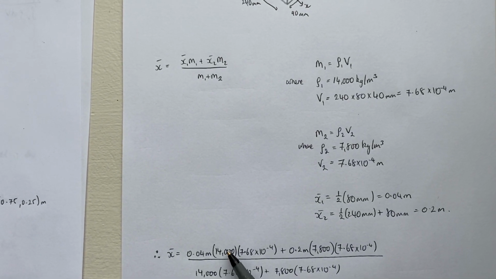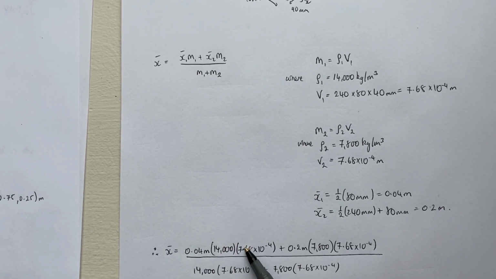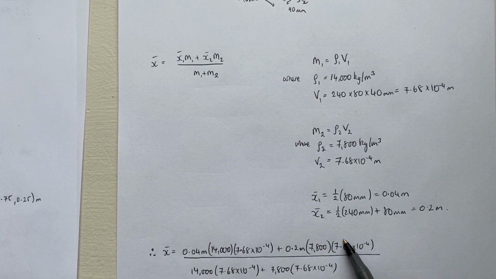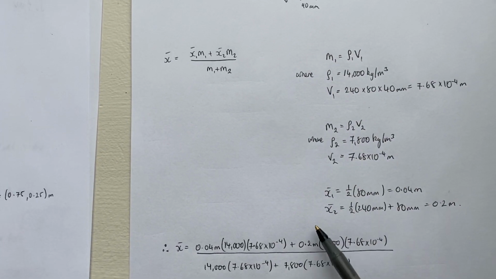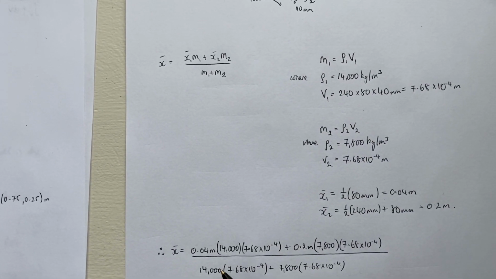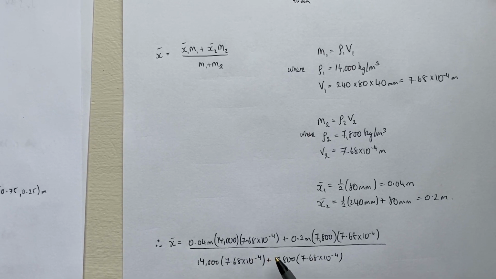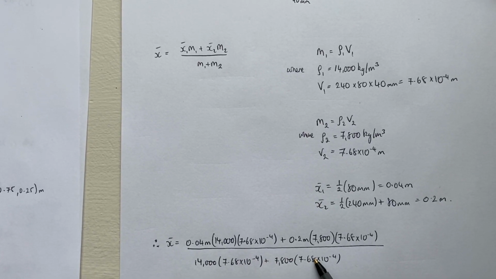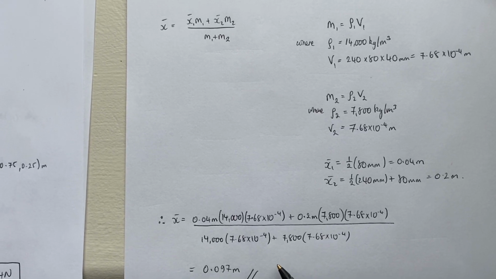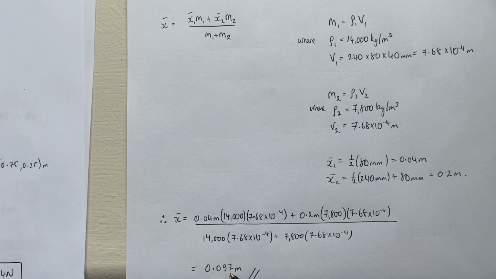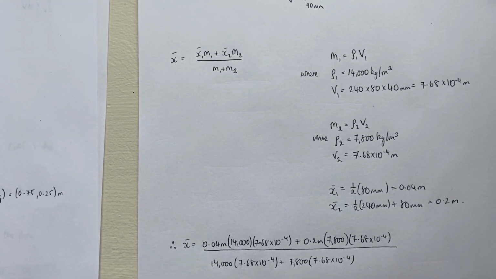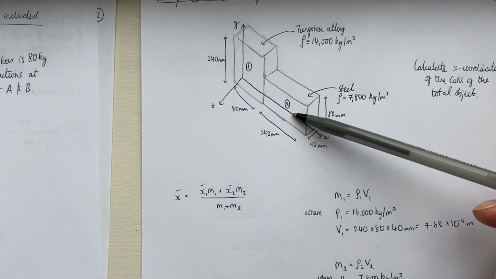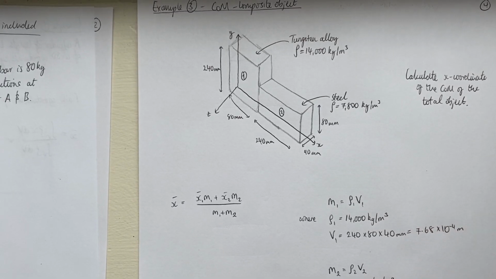Then I plug in the density and the volume, do the same for the second piece, and divide it by the total mass, which is the density multiplied by the volume of both pieces added together, and what I get is 0.097 meters as the center of mass of the total object.